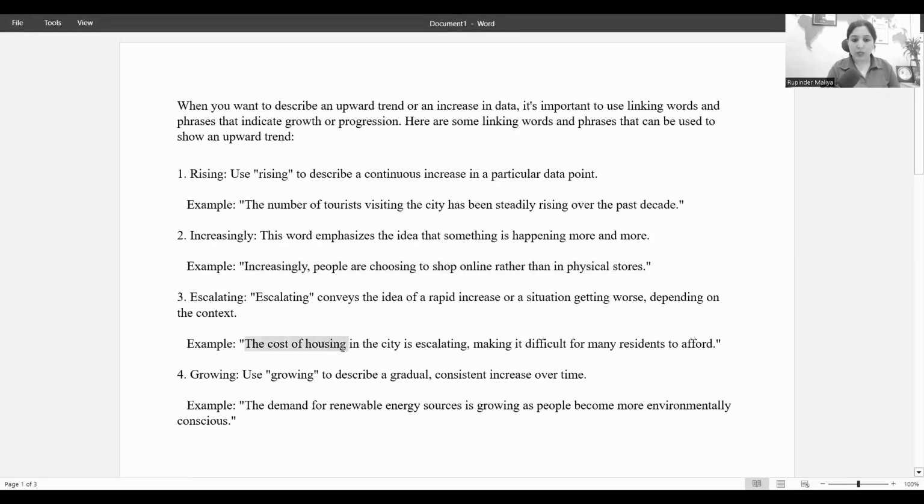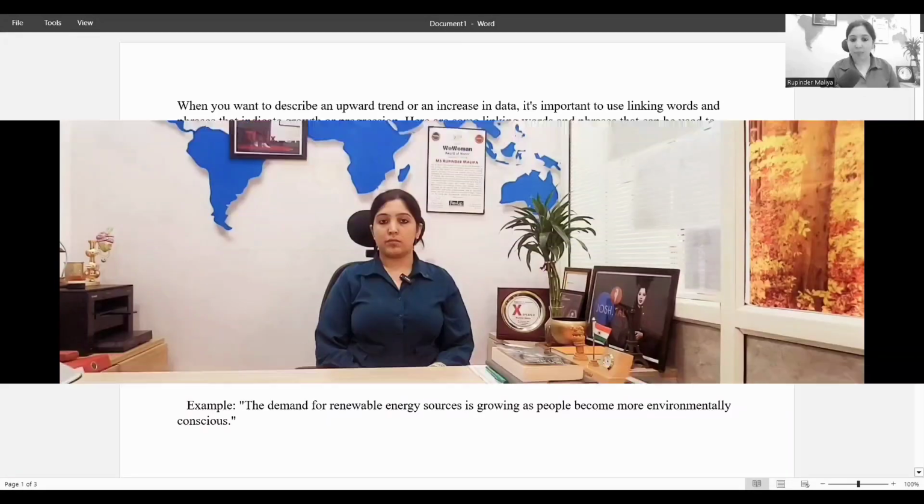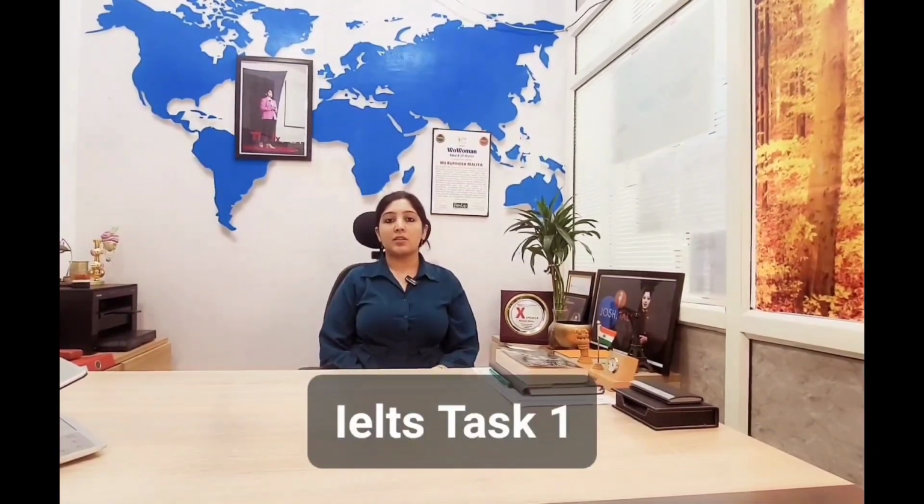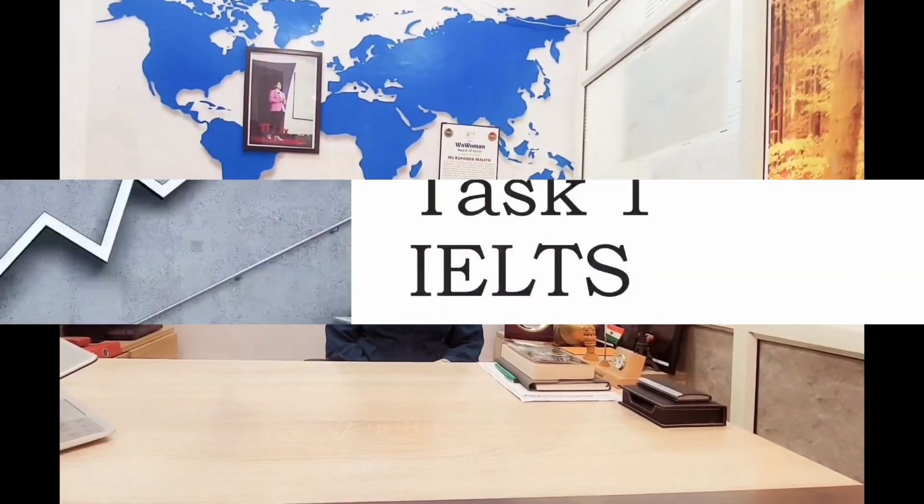The cost of housing in the city is escalating, means rapid. IELTS Task 1 is all about using good linking words and mentioning the correct data. Whatever is asked in the question paper, the same you are attempting in the answer sheet. In this video, we are going to discuss certain patterns related to Task 1 and also good linking words.